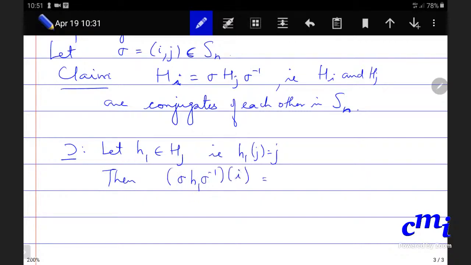Sigma takes i to j and j to i. Therefore sigma inverse also does the same thing, in other words sigma squared is identity. So this is sigma h1 of sigma inverse i, just by the definition of a group action. So this is sigma h1 of j, since sigma inverse of i is j. Sigma sends i to j and j to i, and therefore sigma inverse also does the same thing.